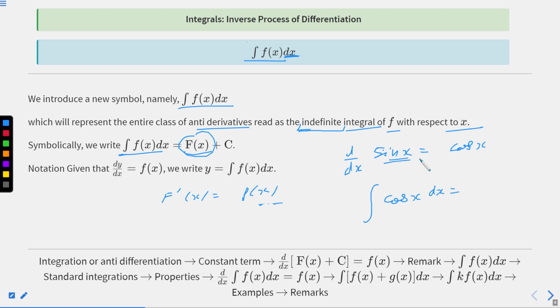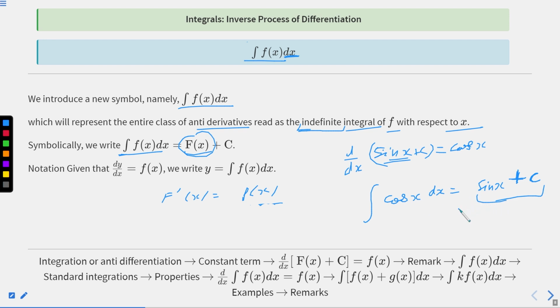What is your output? Sin x, but here you always have to add some constant number. As you all know, this gives you cos x, and this other thing also gives you the same output. That's why. Clear? This is your family of answers or family of curves for this. I hope it is clear to you.